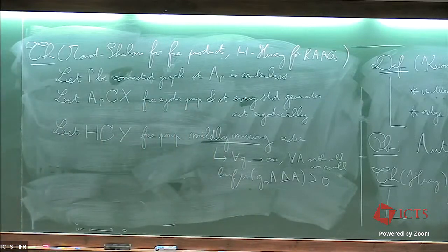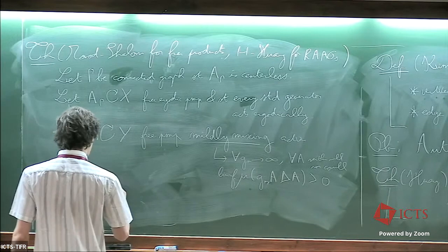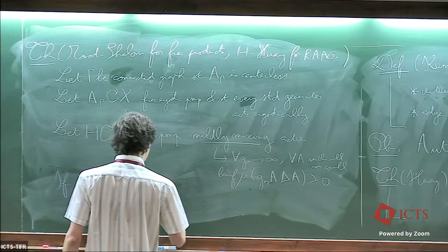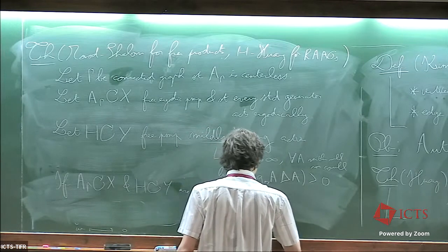Okay, anyway, it's some form of mixingness of the action. And then we can prove under these assumptions that if the two actions are stably orbit equivalent, then they are virtually conjugate.